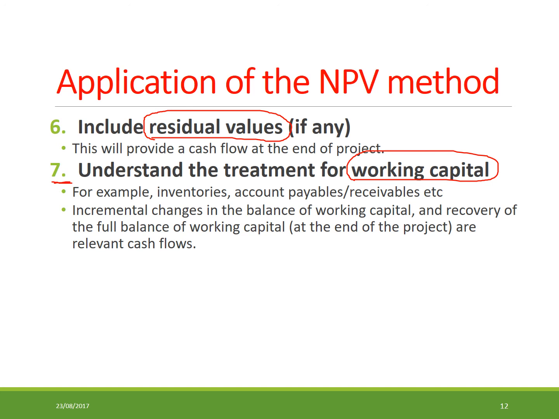So working capital is therefore thought of as an investment, yeah? So this is a short-term investment in the project, yeah? So similar to capital investment, if we invest in something, that's a cash outflow for us, and therefore when we look at working capital investments, it's normally a cash outflow, yeah?